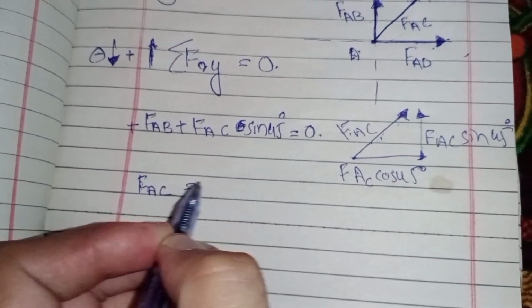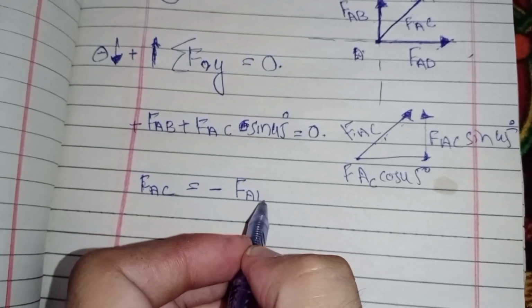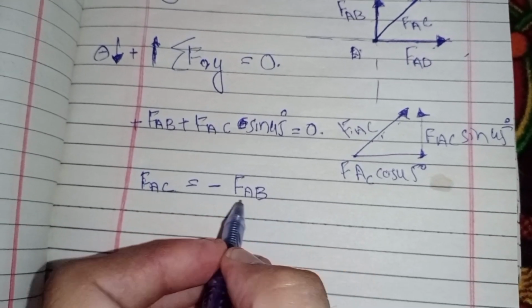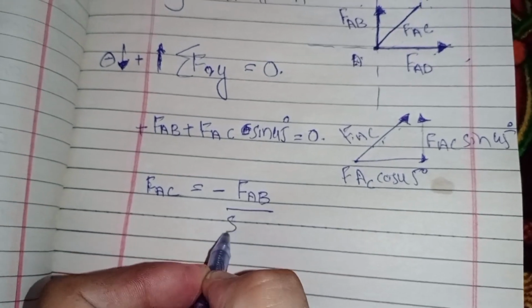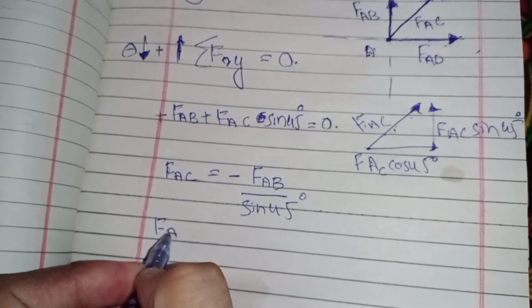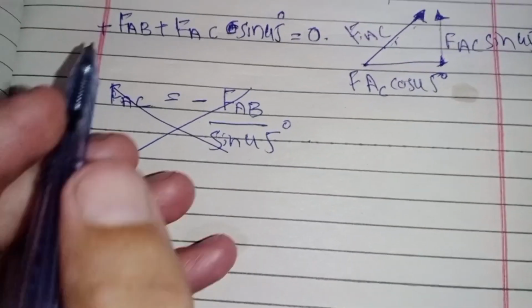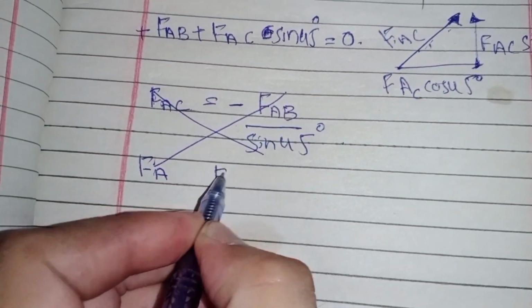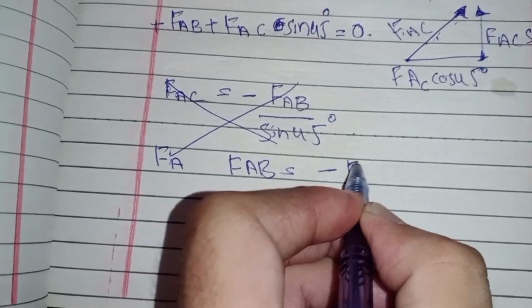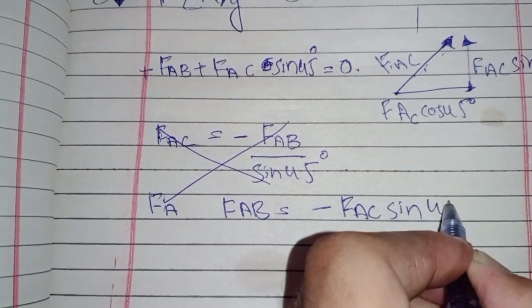FAC equal to negative FAB divided by sin 45. So rearrange this. FAB equal to negative FAC sin 45.